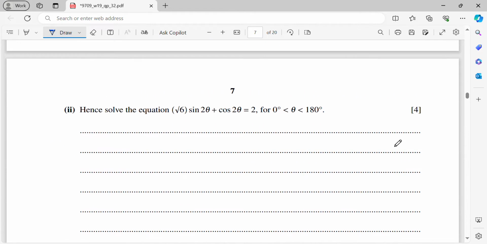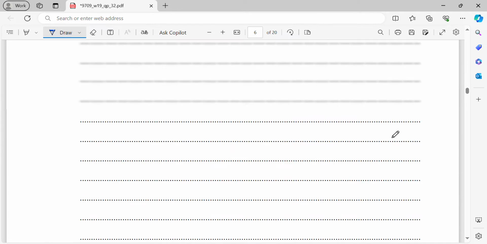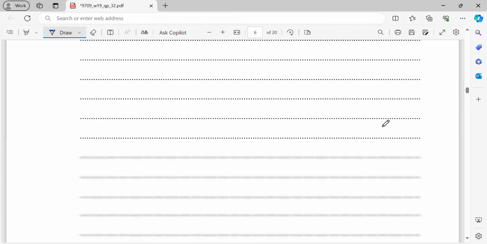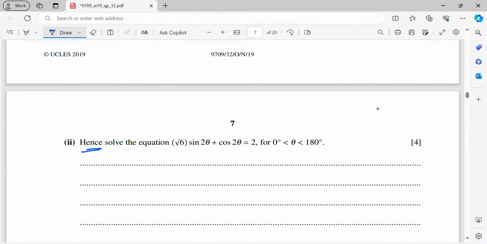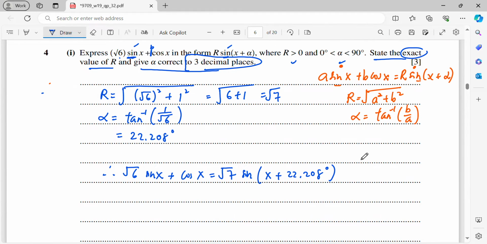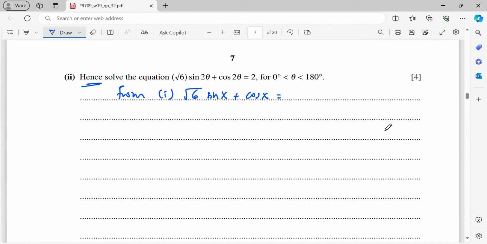Okay, now part B or part 2, hence means use the previous part, solve the equation. So now just now you got square root 6 sine x plus cos x. Okay, so I copy first from the first part, square root 6 sine x plus cos x equals to square root 7 sine x plus 22.208 degrees.